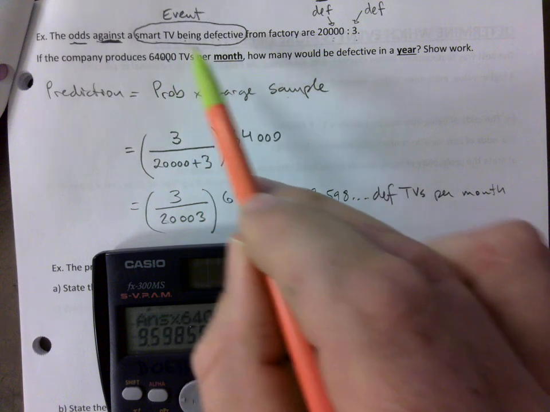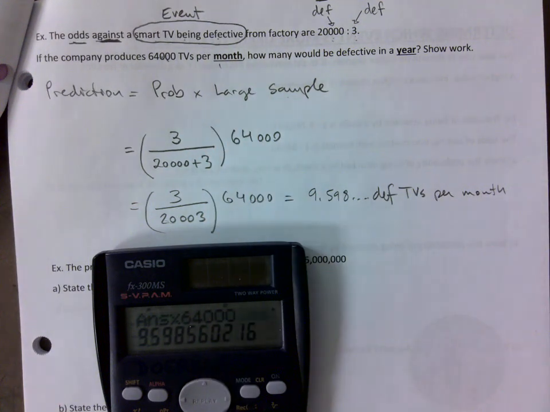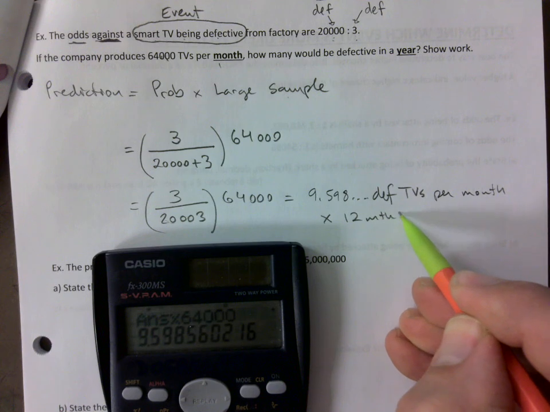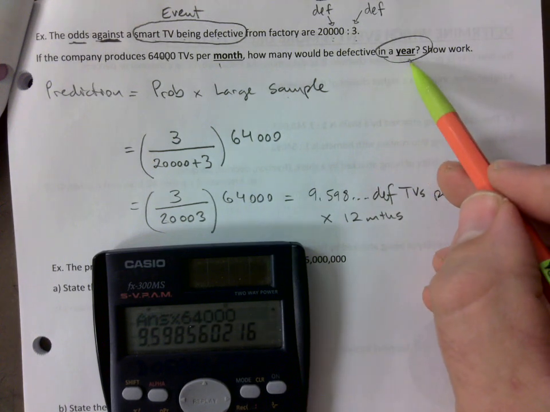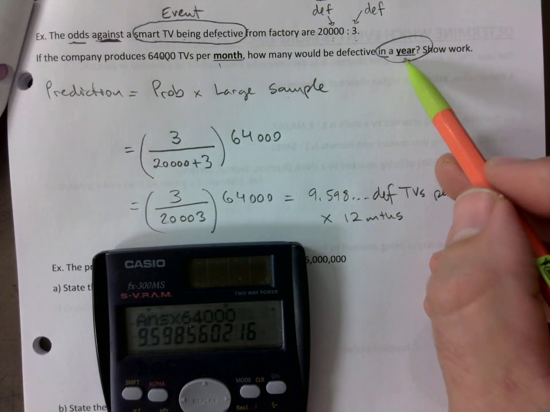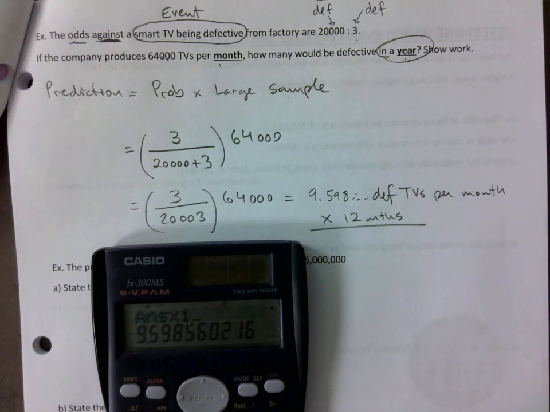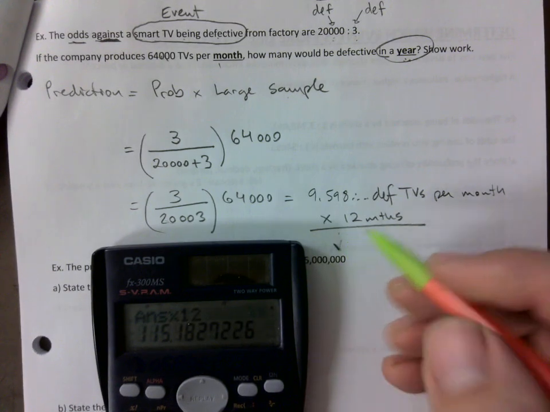Because it says 64,000 TVs are made in a month, right? You would have to multiply this by 12 months because they want to know how much in a year. Okay, so read carefully, and that's why I bolded it, underlined it. So we're going to multiply this answer by 12, and you get 100.